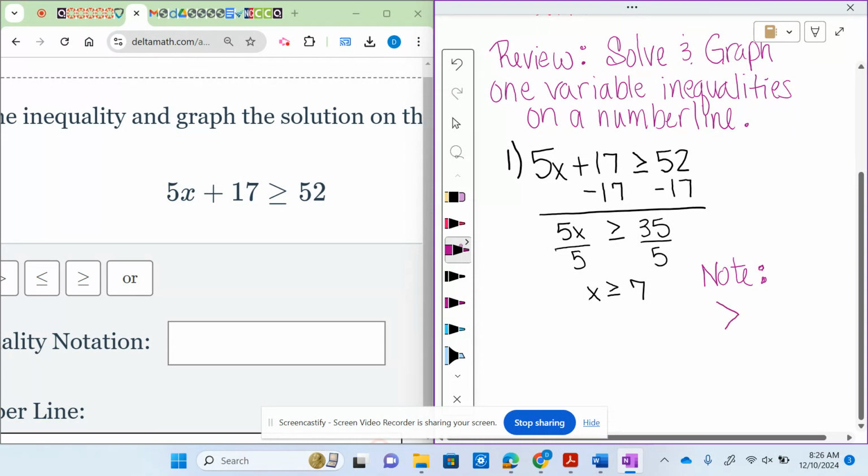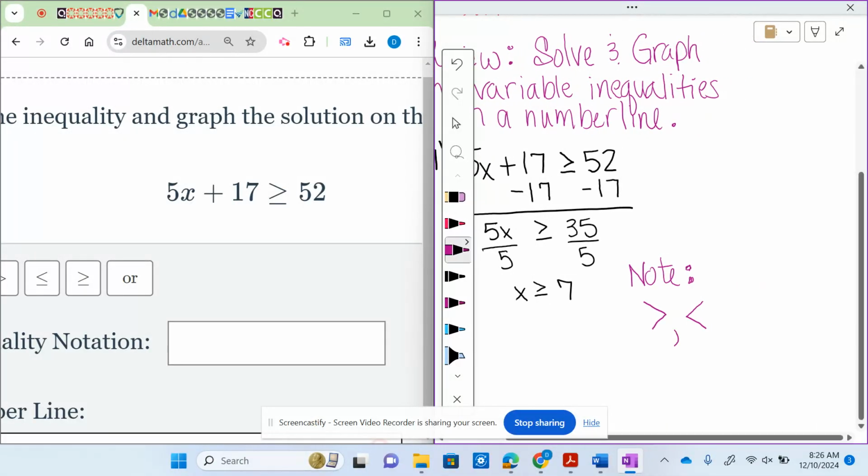When you have a greater than symbol or a less than symbol, your graph is going to have an open circle. When you have a greater than or equal to or less than or equal to, your graph is going to have a closed circle. Okay.